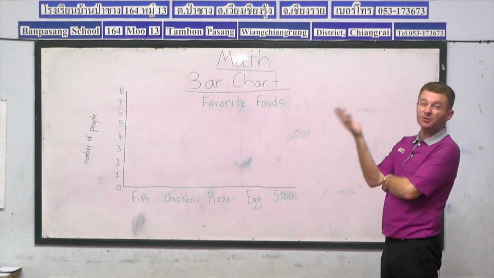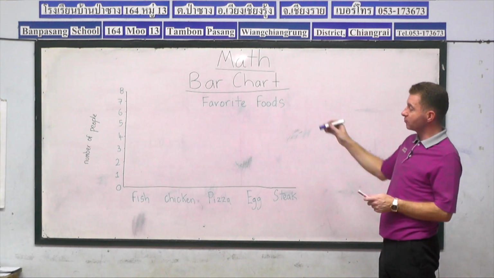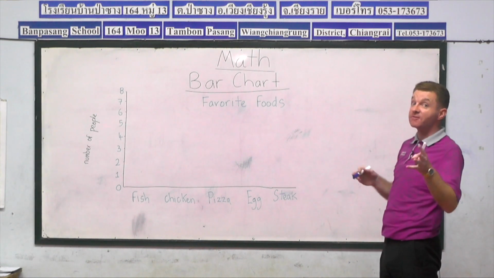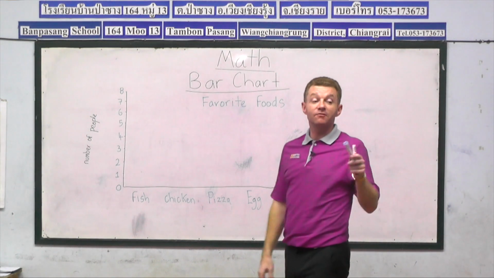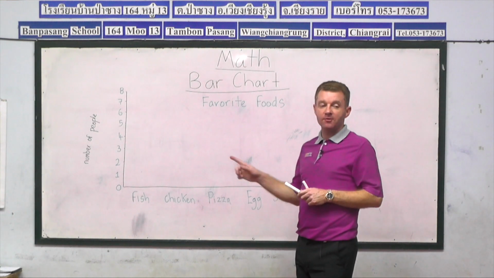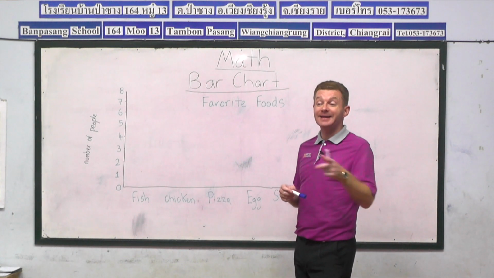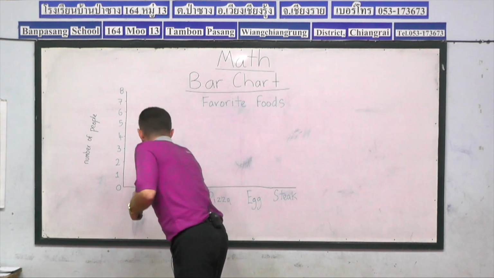No, we haven't got any information. So what I'm going to do now, I'm going to draw my bar chart with the different bars, and then I'll ask some of my students for the answers to the questions. So just wait one moment, guys, while I do my bar chart, and then let's see who can answer the questions correctly. So let's see.